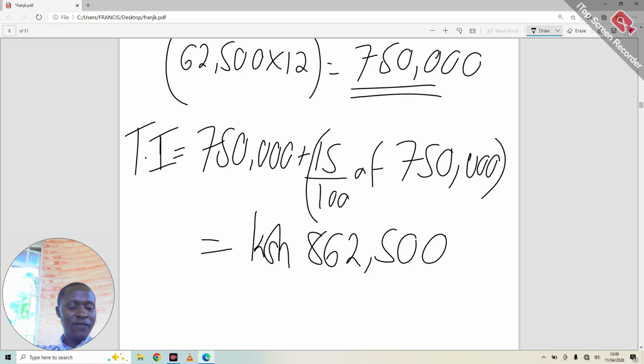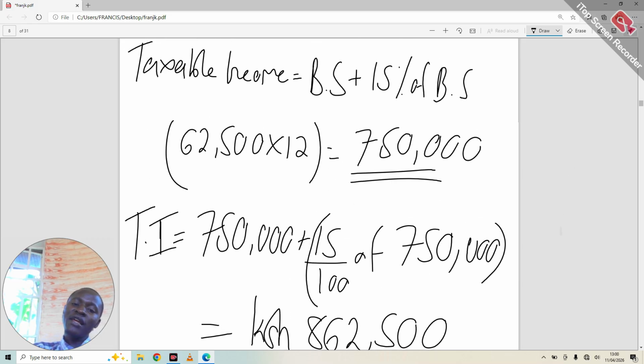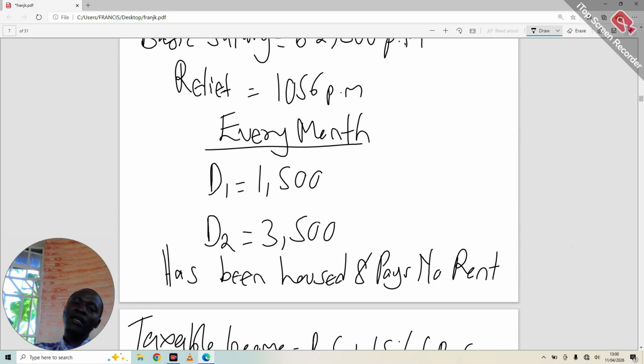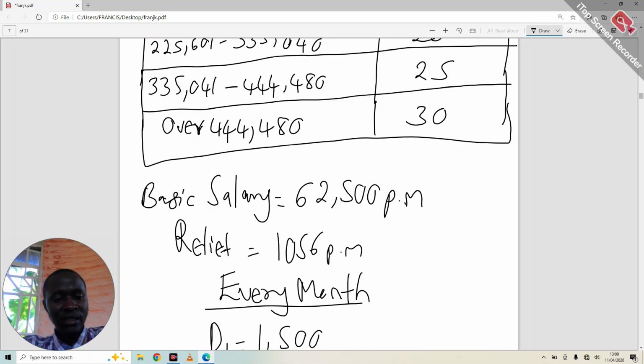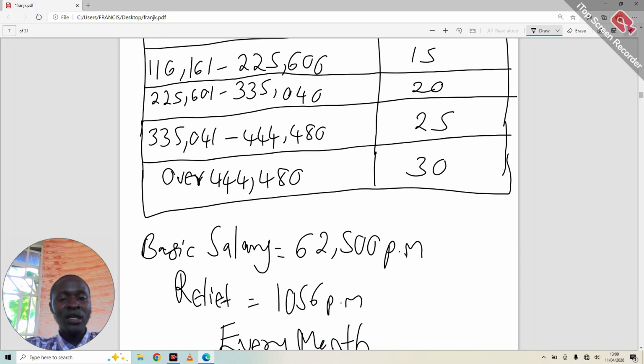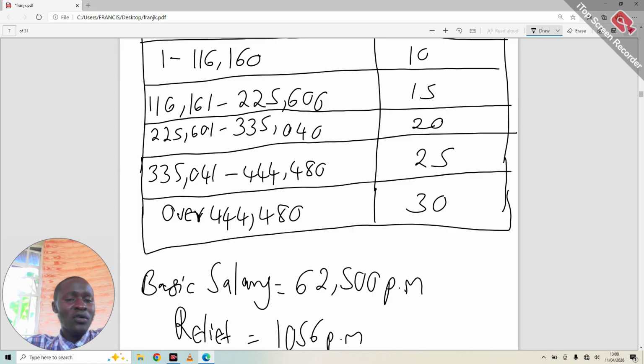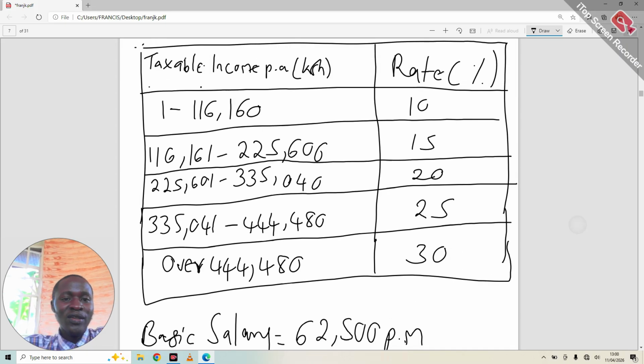So ask yourself, where is this 862,500 Kenyan shillings falling? In which band? So you realize that amount surpasses all the bands.